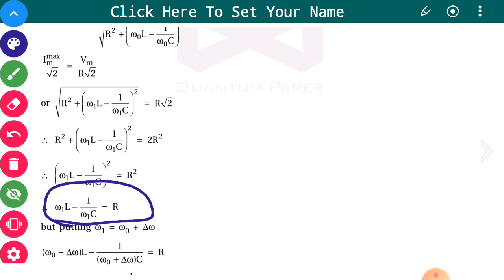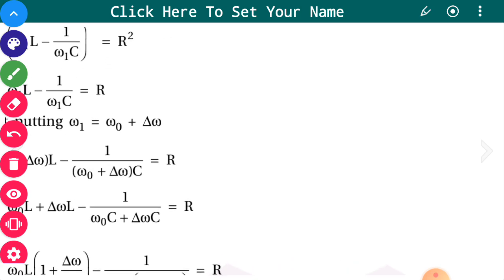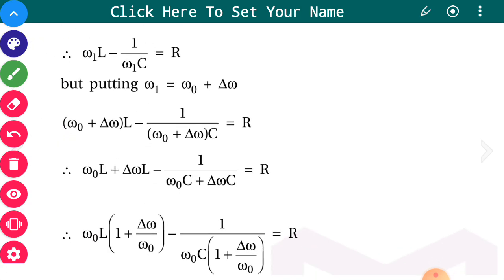Now omega 1 is omega 0 plus delta omega, so instead of omega 1 we have written omega 0 plus delta omega on both sides. Then we have multiplied the bracket, omega 0 L plus delta omega L. Then omega 0 is taken common, so omega 0 L times (1 plus delta omega upon omega 0), and here also omega 0 C is taken common.